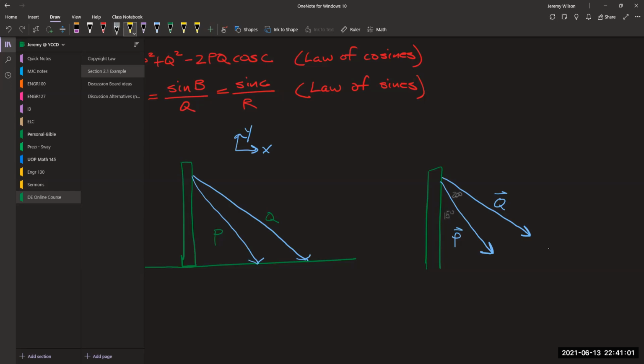And let's just say that the force or magnitude, that is the tension in line P, is equal to 520 pounds. And let's say that the tension in Q is equal to 700 pounds. They are both pulling. Cables can only do that. They can only pull. Cables cannot push.